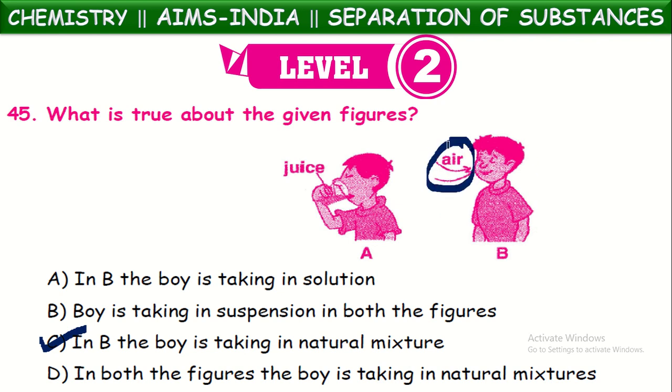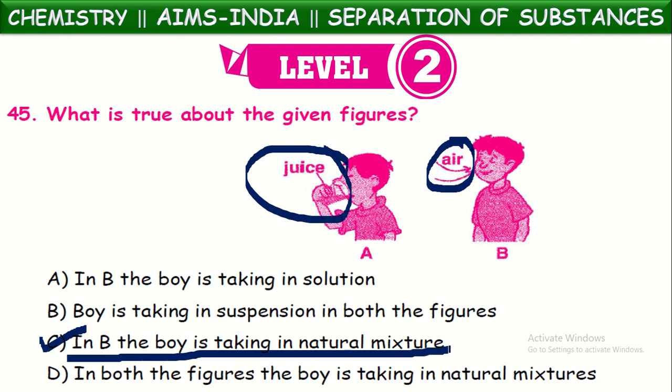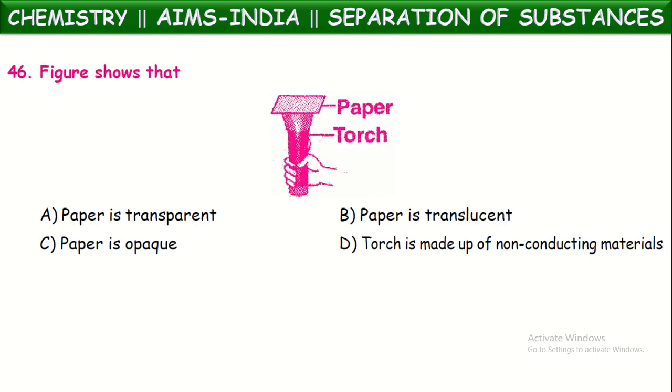Yes, air is a natural mixture. We didn't prepare that. It is already there in the atmosphere, which is a natural mixture of several gases. But this juice is man-made. So only this is correct. In B, the boy is taking in a natural mixture, air. That's correct.